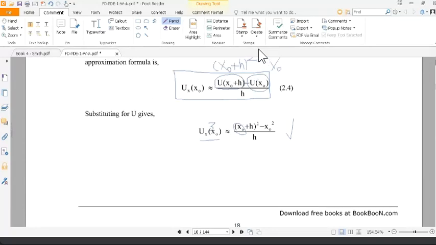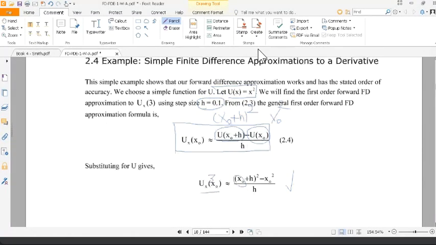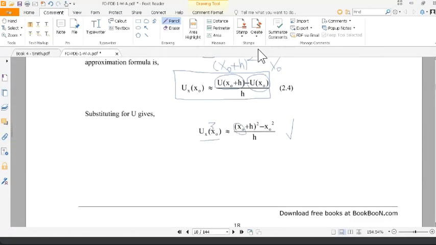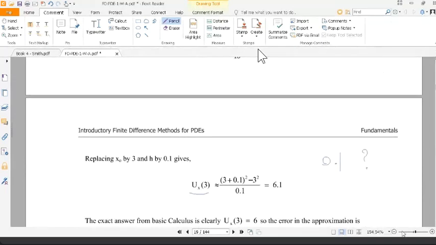In this example, we should use h equal to 0.1. And when we have h equal to 0.1, we use it in this formulation.